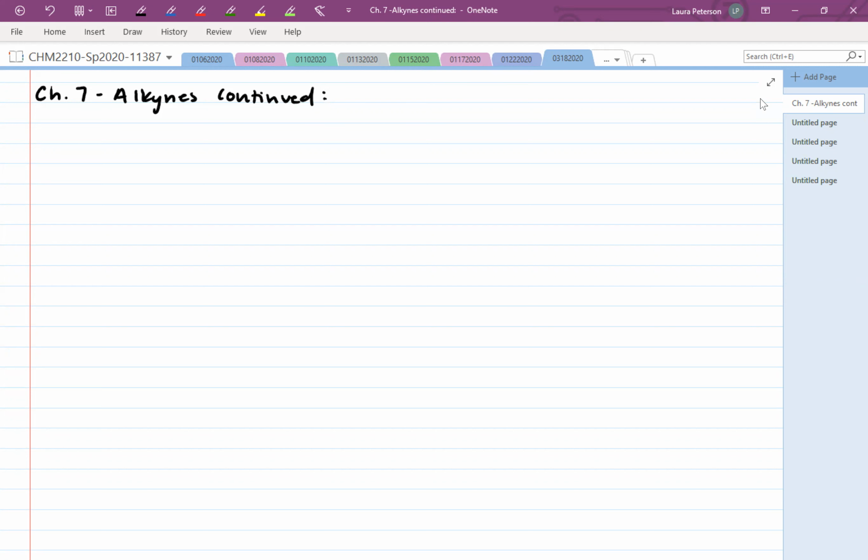We're going to start by looking at a reaction, or a series of reactions, that allows us to prepare alkynes from alkenes. We're going to title this alkene to alkyne synthesis. The new reaction we're going to learn here is something called double dehydrohalogenation.